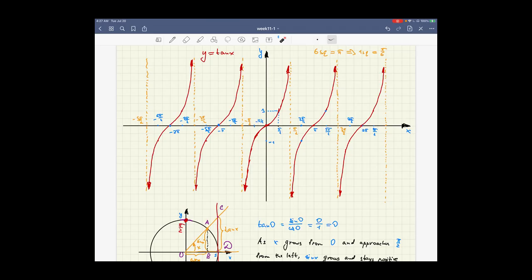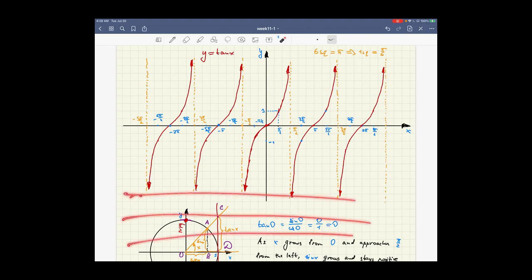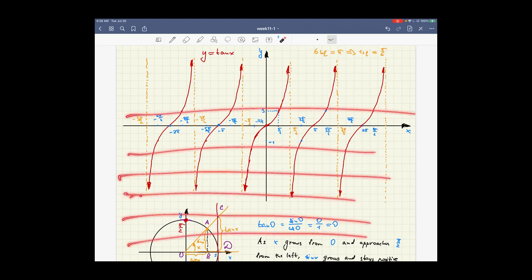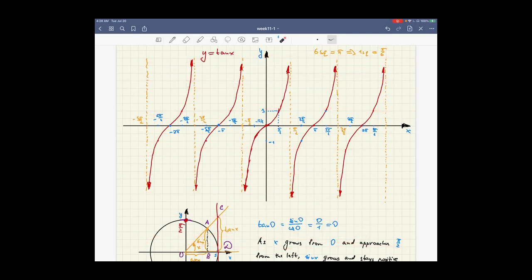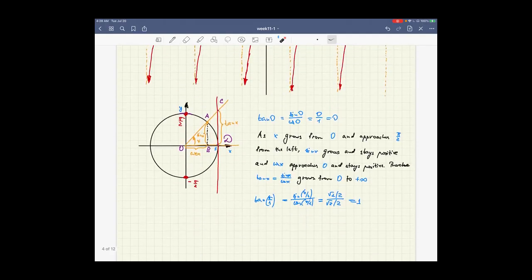Any of these branches will intersect with any horizontal line infinitely many times. So tangent x equals y always has a solution for x no matter what y is. There's that.